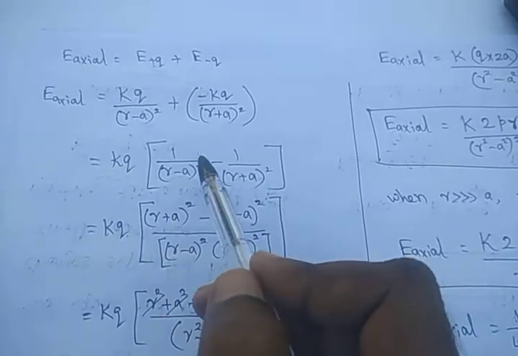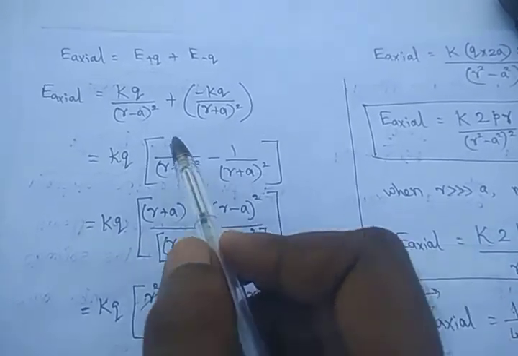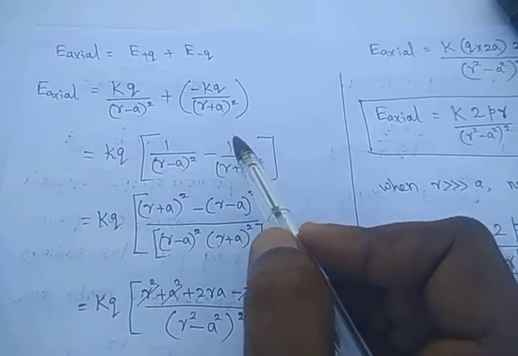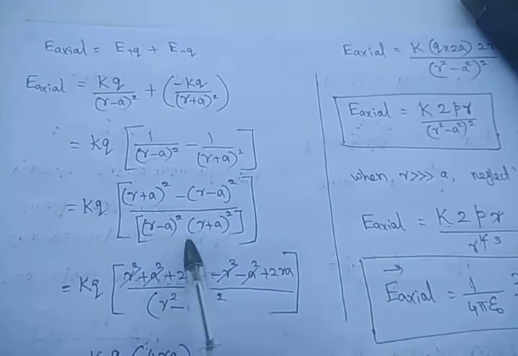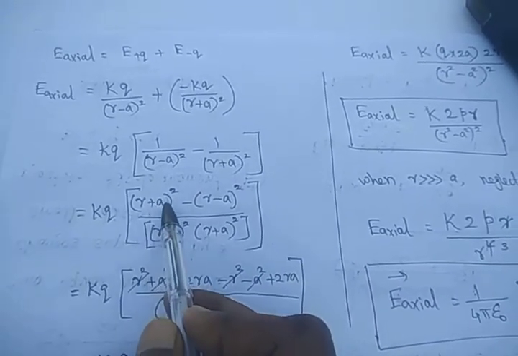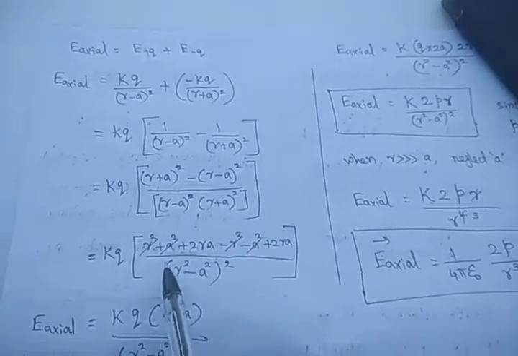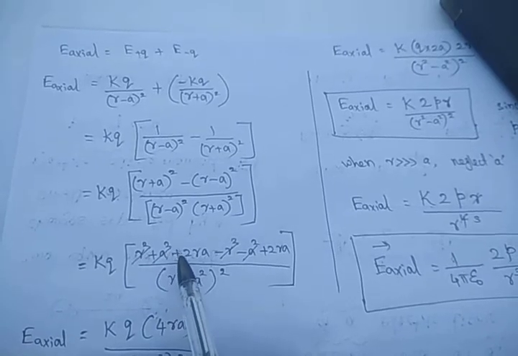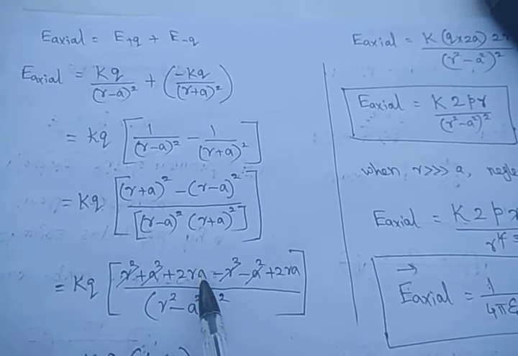Hereafter it is a mere simple mathematical simplification. Just to take the LCM, (r plus a) the whole square and (r minus a) the whole square, we have to put minus here and multiply the denominator terms as it is. So we get r plus a, that means a plus b the whole square, and a minus b the whole square. Just to expand, r square plus a square plus 2ra, that is a square plus b square plus 2ab.